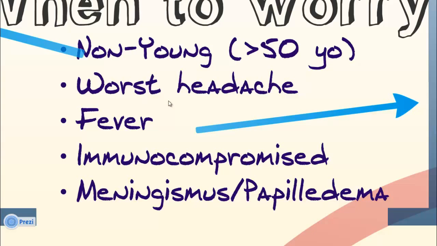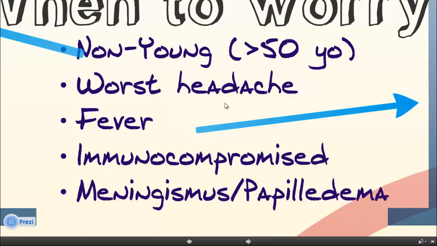In that case, a prompt CT scan should be ordered, and of course, if that is negative, the next step would be to obtain a spinal tap, because there's only about an 85 to 90% sensitivity of a CT scan in detecting the blood of a subarachnoid hemorrhage.